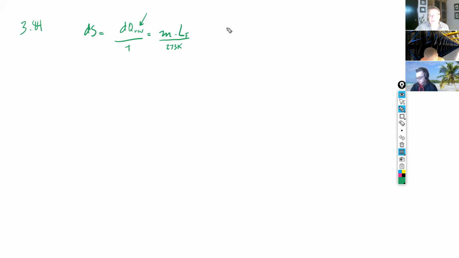And then we know, I know I don't always want to do it this way, but I'm just going to say that we know the mass is 20 kilograms. We know the latent heat of fusion is 3.34 times 10 to the fifth joules per kilogram, all over 273 Kelvin.